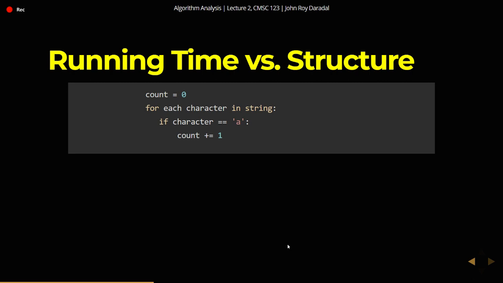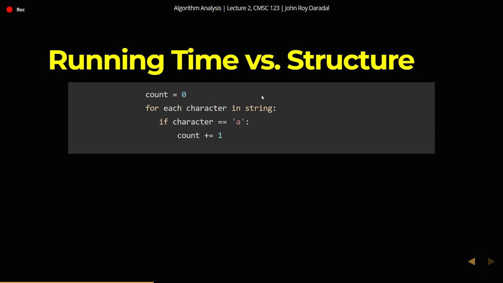Next, in some algorithms, the running time is also affected by the input structure, just like in this piece of code. Let's take a look at this one. We are actually counting the number of A's in the string.